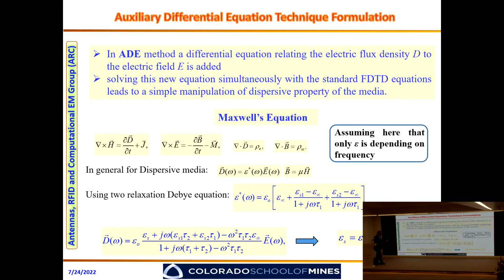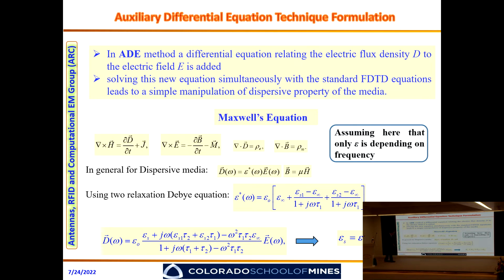This slide describes how we do the Debye model. Instead of solving for E, we are solving for D. And then after we solve for D, we know that D is equal to the complex permittivity in the frequency domain times E. And then the complex permittivity is described in two terms here.